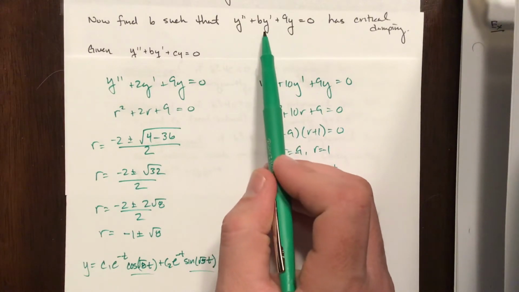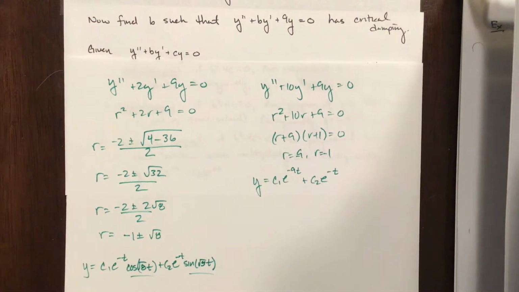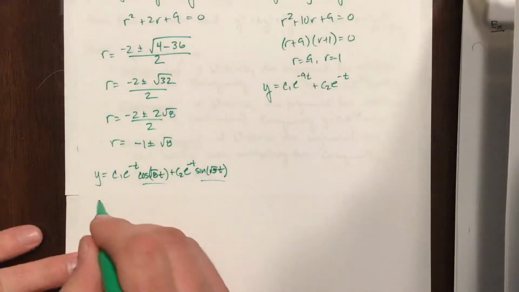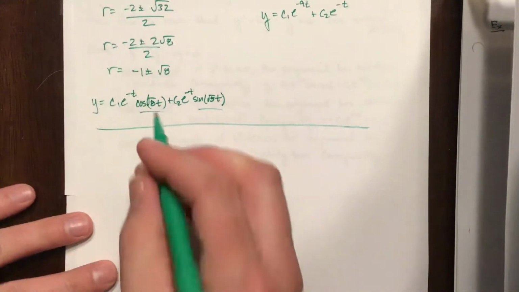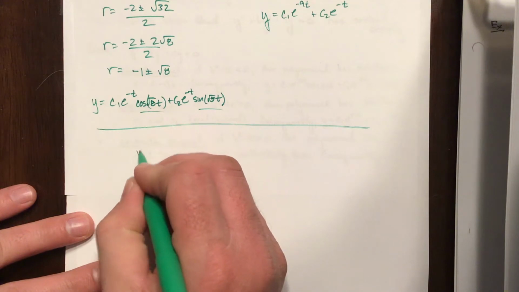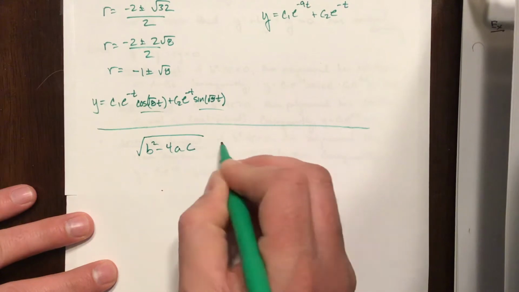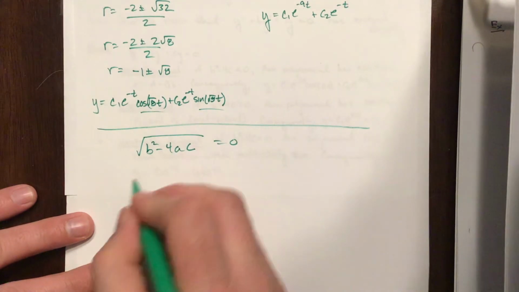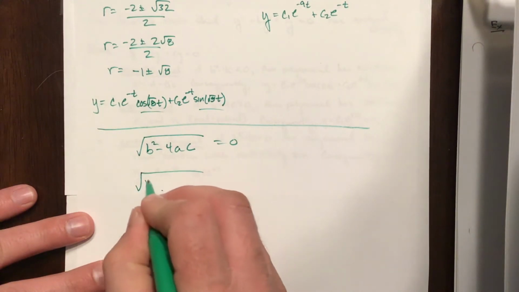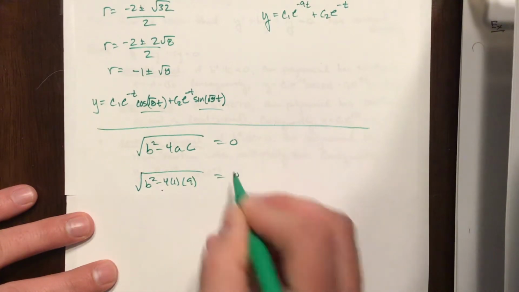So if I let b be unknown, representing the magical scalar here that creates critical damping, and I ask what is that value of b that generates that, we can say what value of b makes the discriminant b squared minus 4ac equal to 0. So in this case, b squared minus 4 times 1 times 9 equals 0.